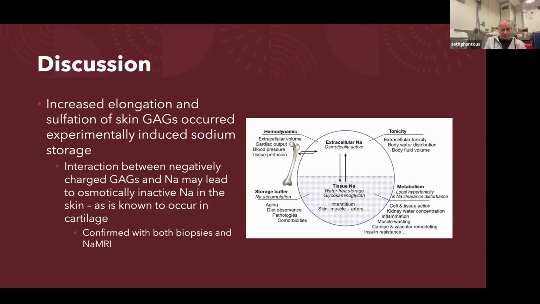And since that theory has been around, it has finally been confirmed with both skin biopsies and something known as sodium MRI, where you can look into the sodium content of tissues with MRI.